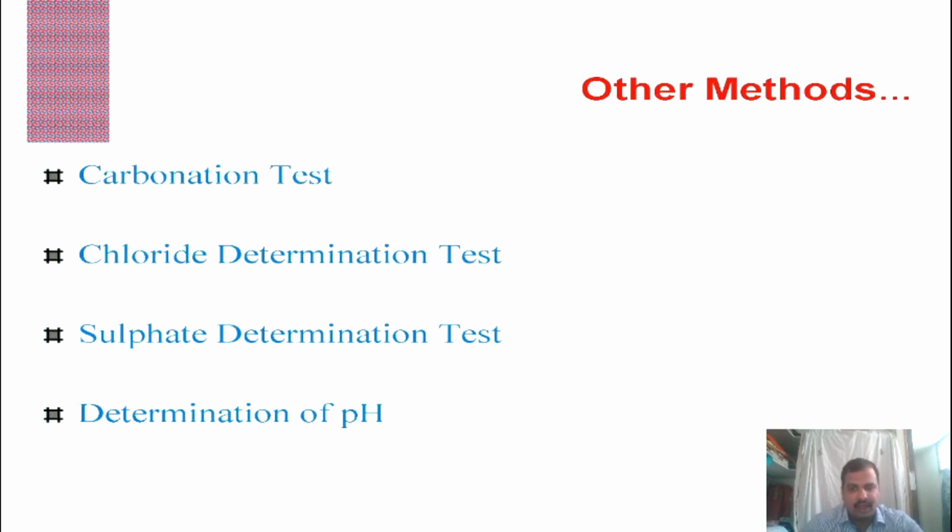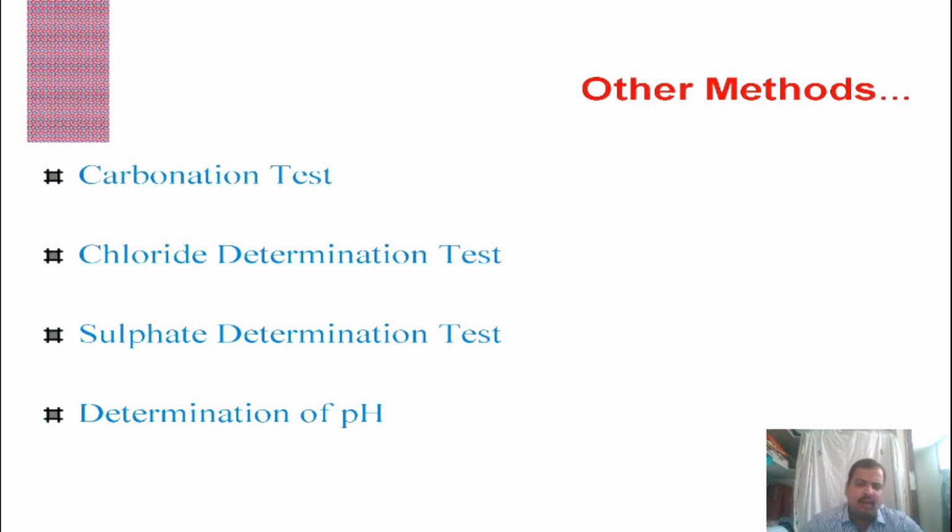There are some other methods to evaluate the condition of our structure, that is the carbonation test. We will discuss it in detail later on. In carbonation, basically the free CO2 available in the environment reacts with the calcium compounds in our cement, and that lowers the pH value of the concrete, which is generally above 12.